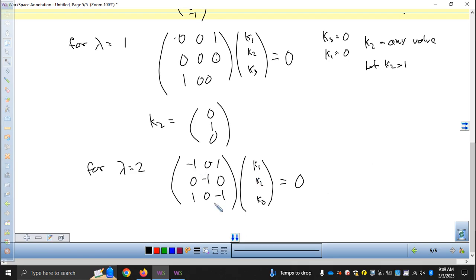From the first and the last row, negative k1 plus 0 k2 plus k3 equals 0. Same here, I get k1 plus 0 k2 minus k3 equals 0. I get k1 equals k3.